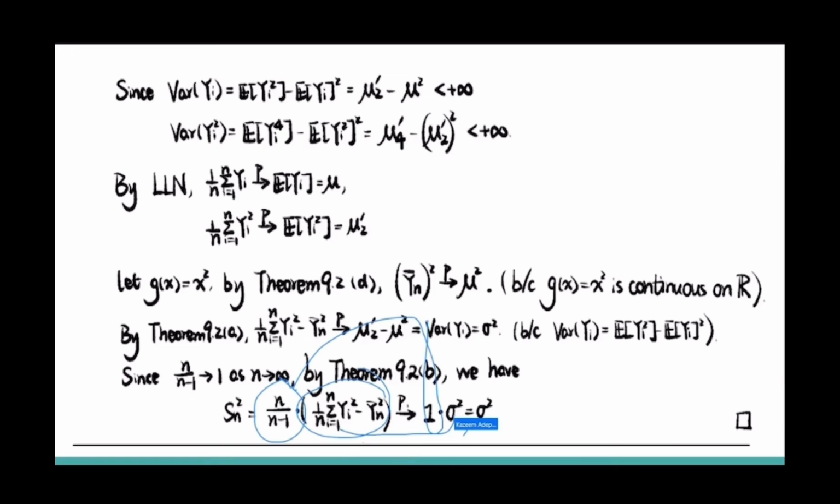So why is it sigma squared? Don't forget, we are using the facts that we've already said.